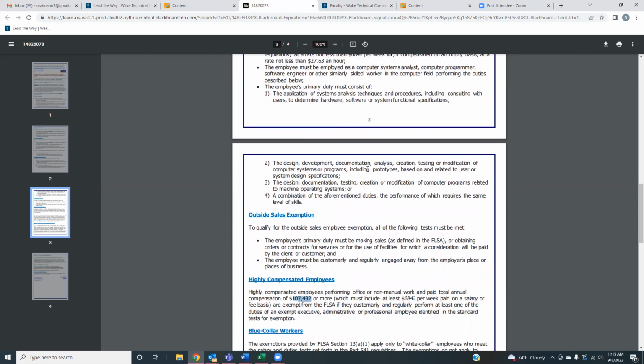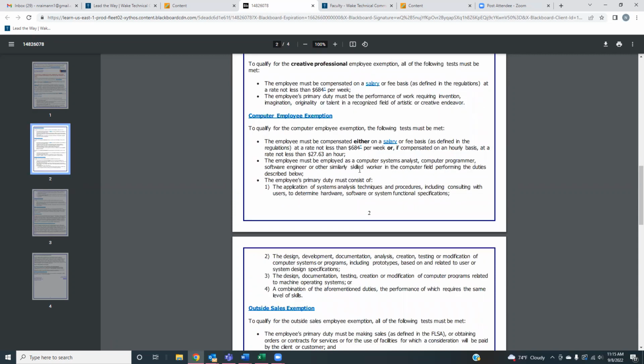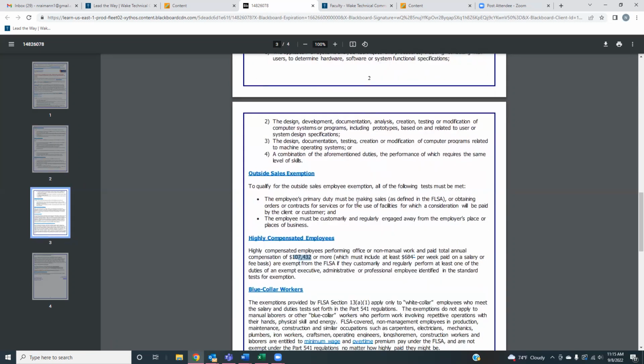But an IT professional does qualify for an exemption. They're also saying that an outside sales position can qualify, and that's someone who goes out making sales calls out on the road, because they're compensated not only a salary, but typically with commission as well.